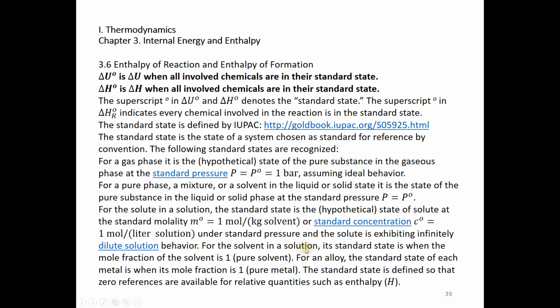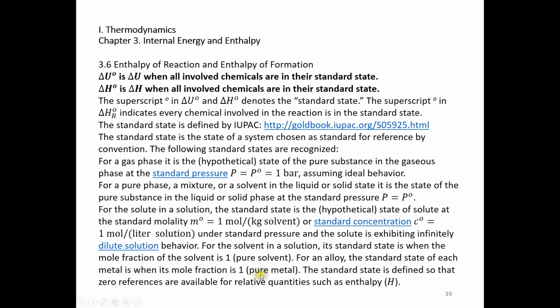For the solvent in a solution, its standard state is when the mole fraction of this solvent is 1. Actually, that means pure solvent, so it's also a hypothetical state. For alloy, the standard state of each metal is when its mole fraction is 1. That means pure metal. So we can never reach the standard state if you have an alloy.